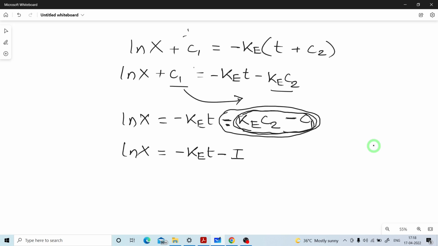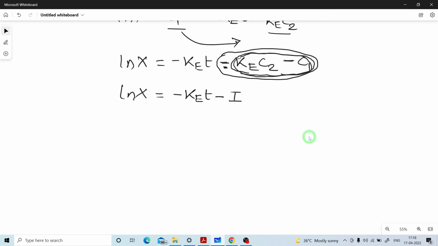Now, if I consider that at time t equal to 0, the amount of drug in the body will be x0. That will be the initial concentration, meaning the concentration of drug when it was injected into the vein. That is x0. Means at time 0, the amount of drug present in your body will be x0.